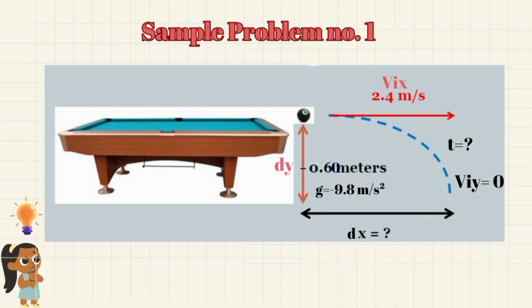We also have our initial horizontal velocity, the Vix, which is equivalent to 2.4 meters per second. Always remember, class, if the projectile motion is horizontally launched, our Viy is always 0. In this case, we are going to find the time required to hit the ground and the horizontal distance between the table edge and the pool ball's landing position.